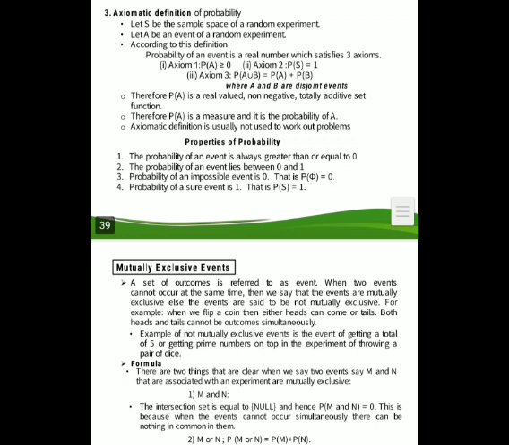This is because when the events cannot occur simultaneously, there can be nothing in common between them. Number 2, M or N: P(M or N) is equal to P(M) plus P(N). The probability of the union of two mutually exclusive events is given by the sum of the probabilities of the events individually.